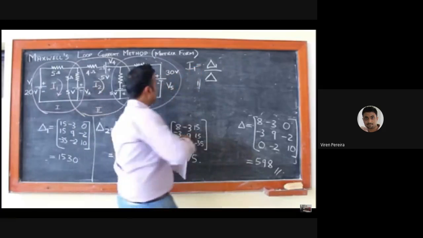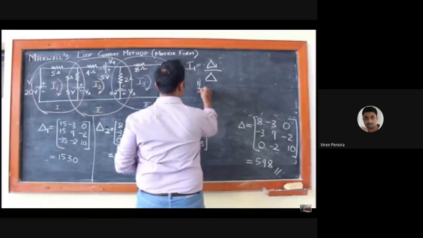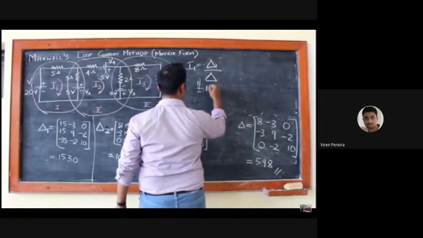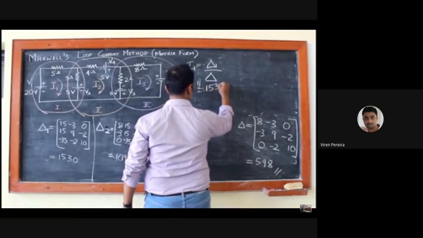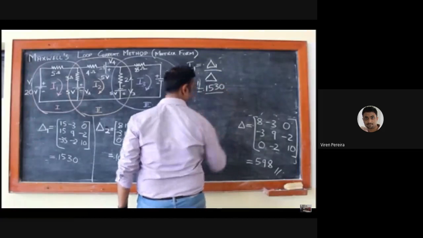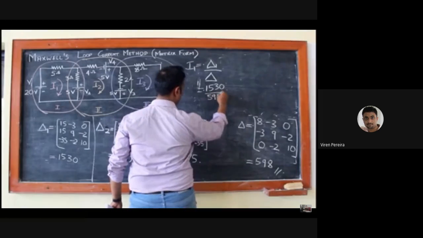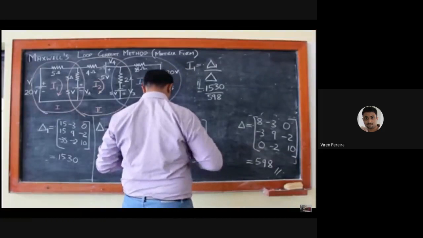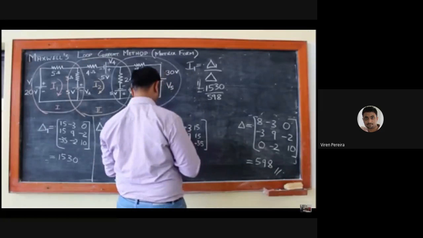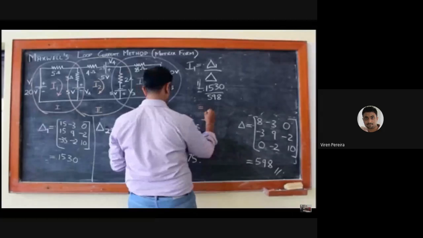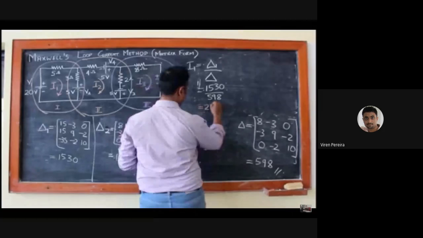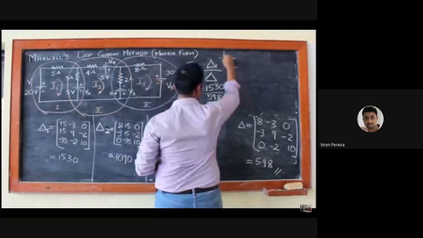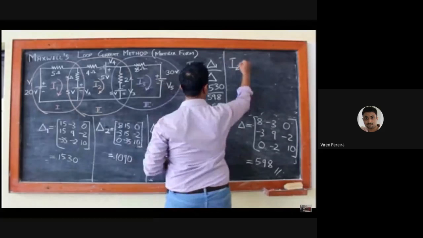So from this formula, taking the determinant of delta 1, which is 1530 divided by 598, I get the value 2.56. In the same way, I can find out I2.